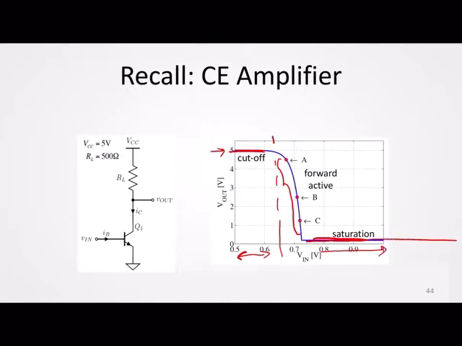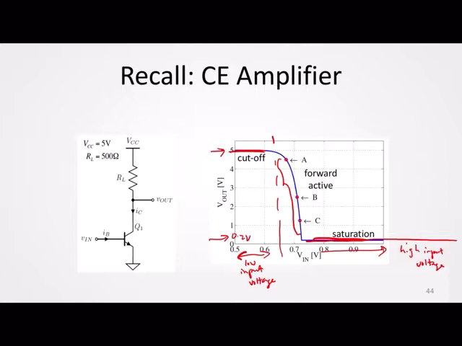So this is the low input voltage, and on the right, we have the high input voltage. The corresponding output would be 0.2 volts, or what we can interpret as a low output voltage.